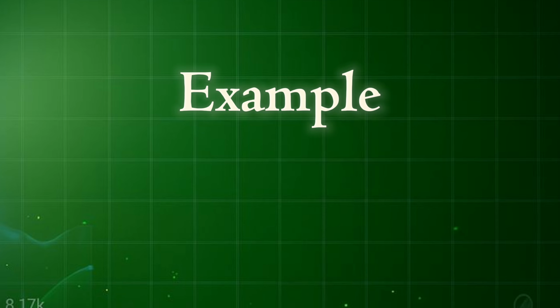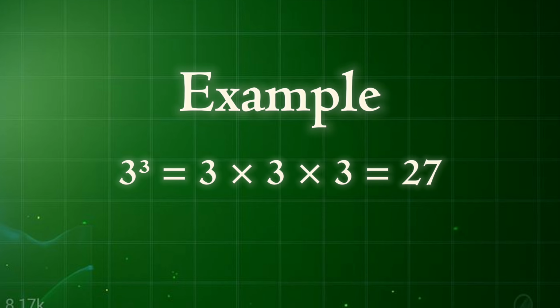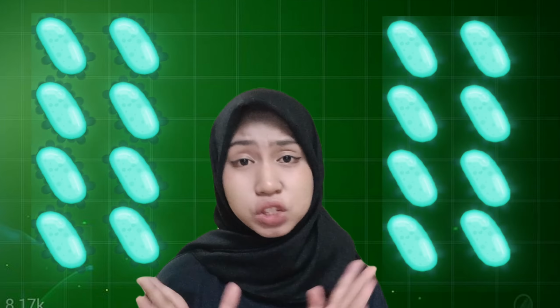For example, 3 to the power of 3 equals 3 times 3 times 3, which is 27. In real life connections, it's like bacteria doubling: 1, 2, 4, 8, 16, or folding paper. A sheet folded 10 times becomes 2 to the power of 10 thicker.